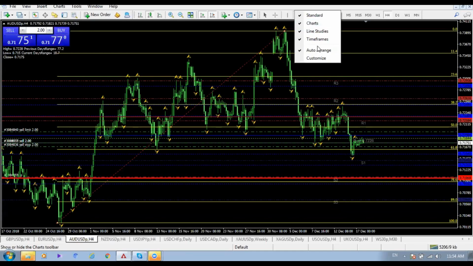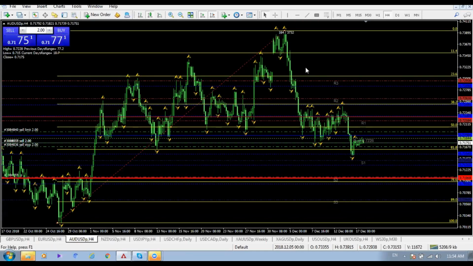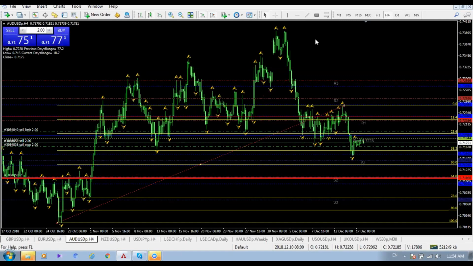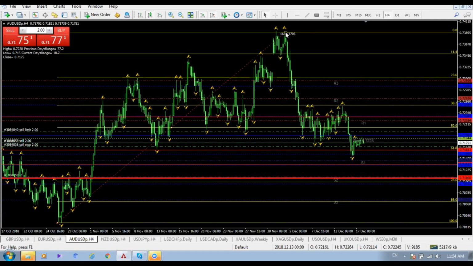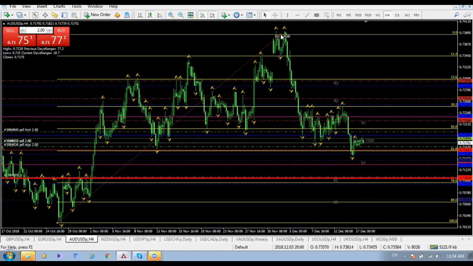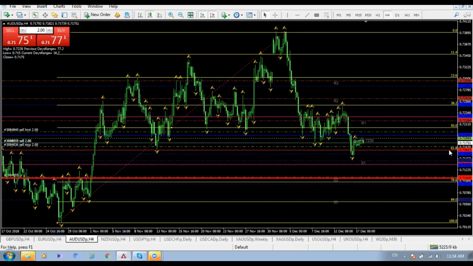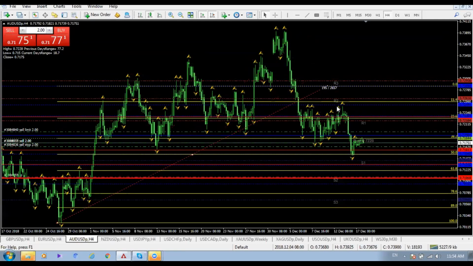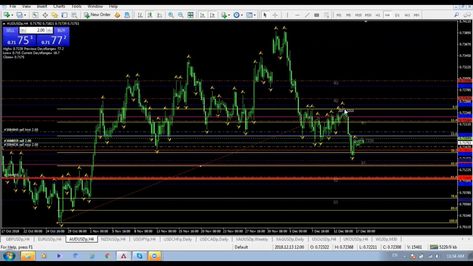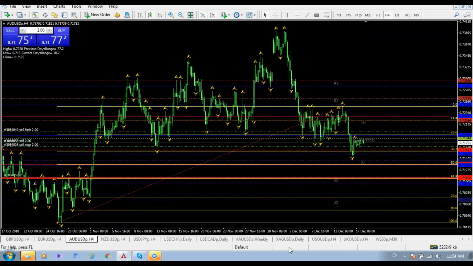My 61 is on my 78, and for the next one, I marked the 50 and 38. Where did my 61 exactly fall? On the 38, right?